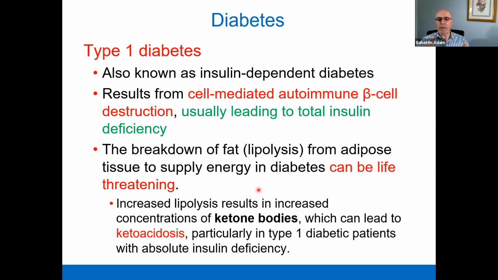We know that the blood pH is between 7.35 and 7.45. It's tightly regulated. If you have a high concentration of ketone bodies, these are acidic molecules, and they will make the pH acidic, and it will affect enzyme activity and metabolic pathways. And it is really important.